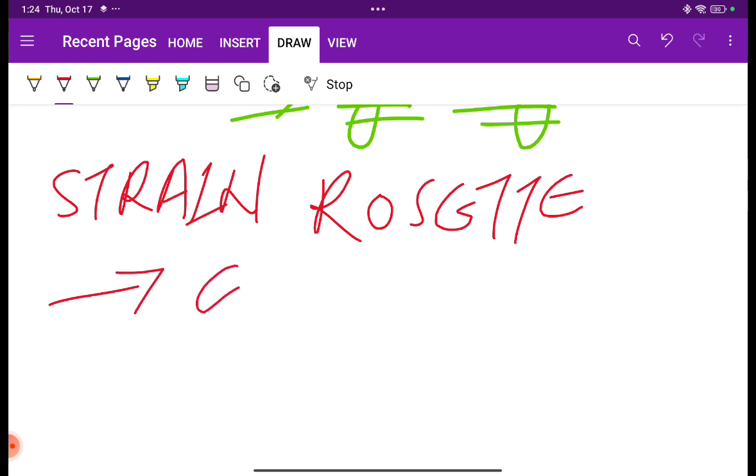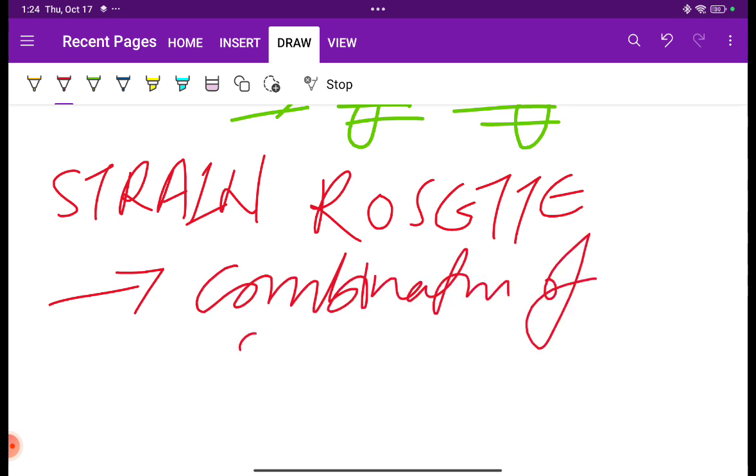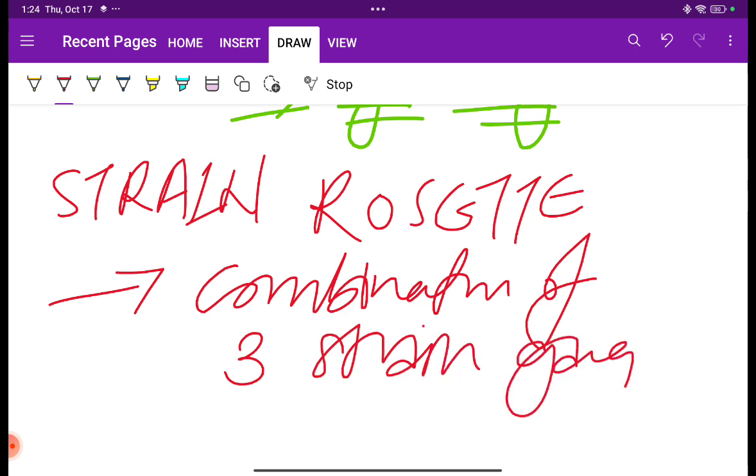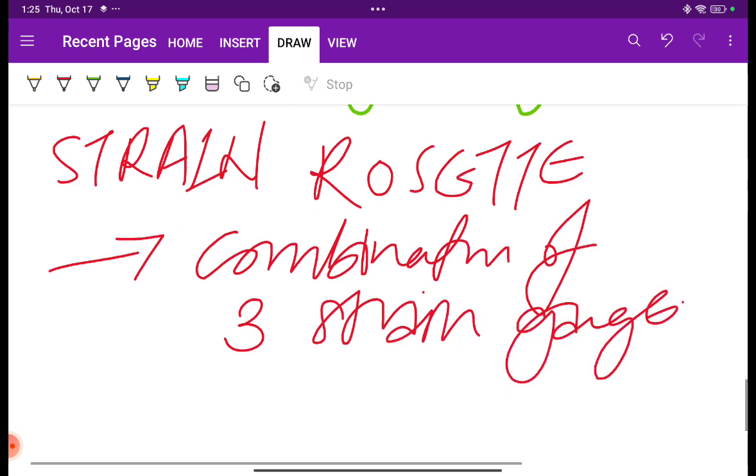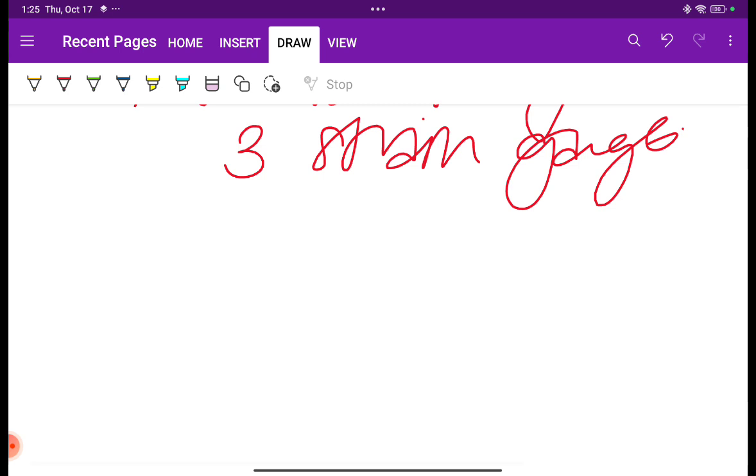These are combinations of three strain gauges, and they are used to measure the state of strain at a point on the surface of a body subjected to external load. So it basically helps to find the state of strain at a point on the surface of the body subjected to external load.